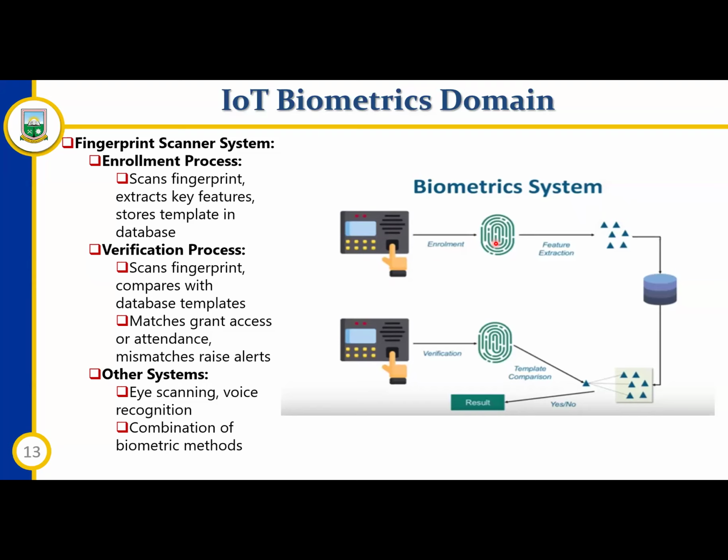The device extracts key features from the fingerprint, and these are put together as what we call a fingerprint template. That distinguishes it from the fingers of others, and it is stored in a database.